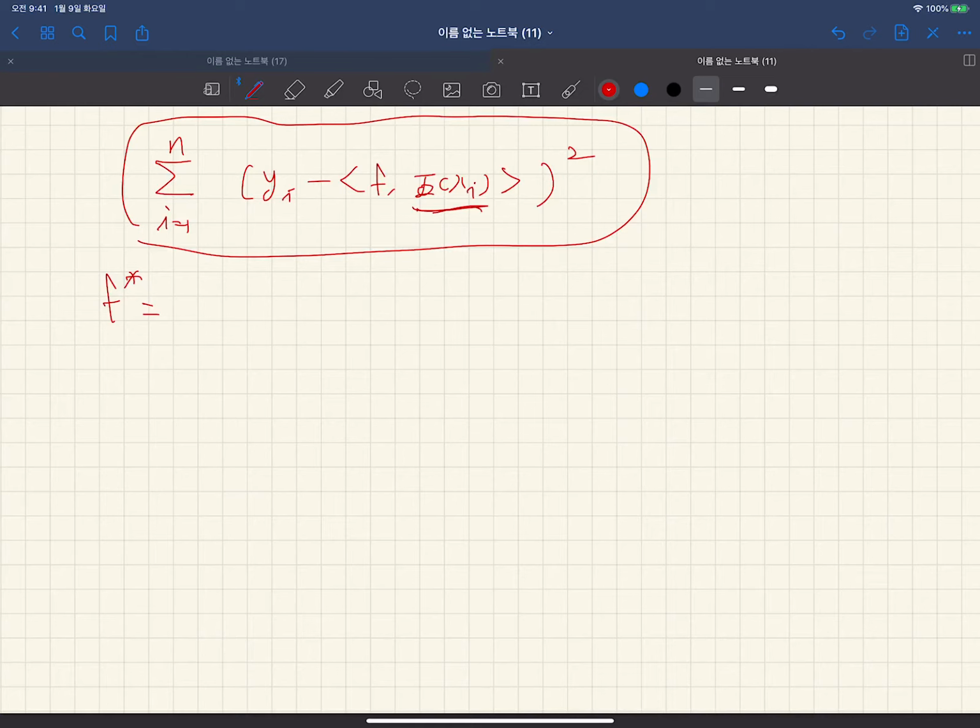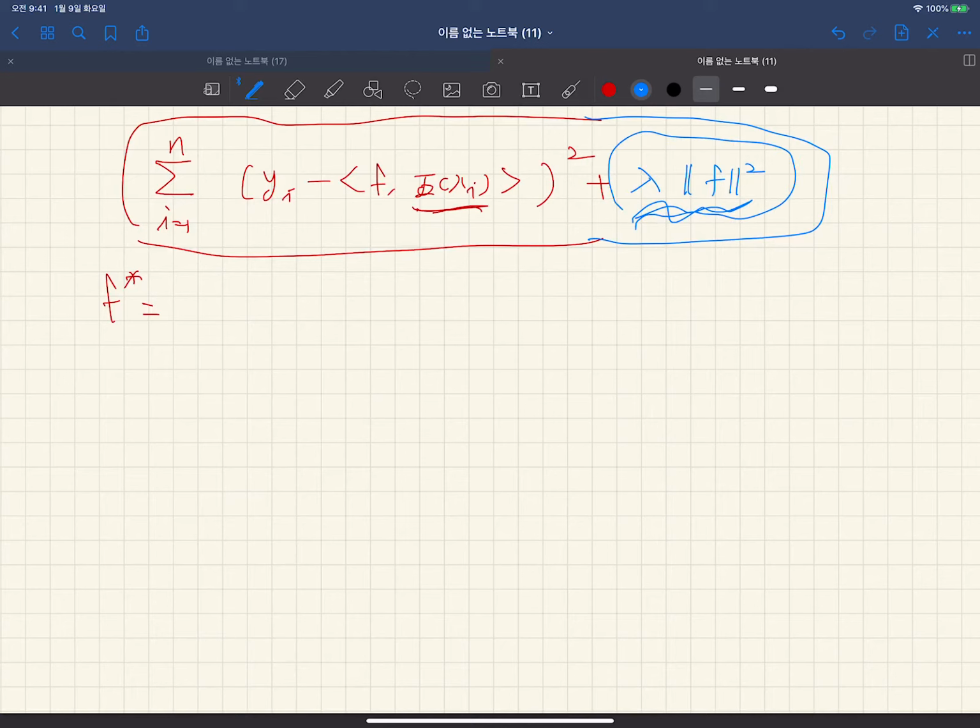So maybe we can introduce a cost function like ridge regression. You can add lambda times the squared norm of f. Then because of this additional cost function, the solution becomes unique. That is one beauty of the additional cost function.